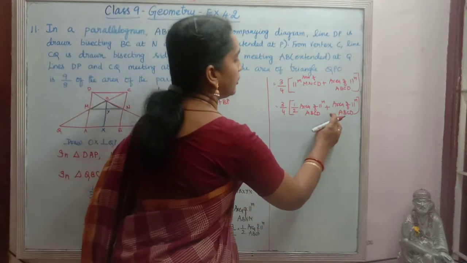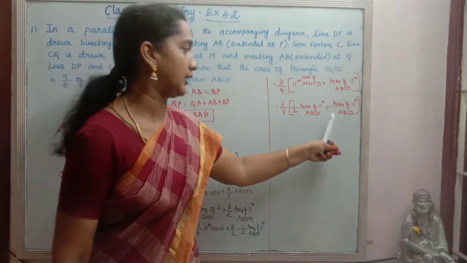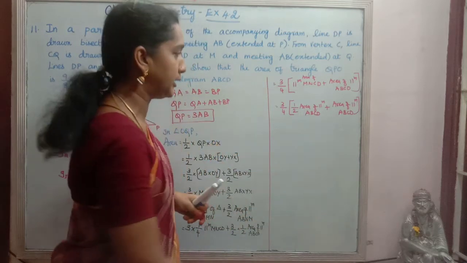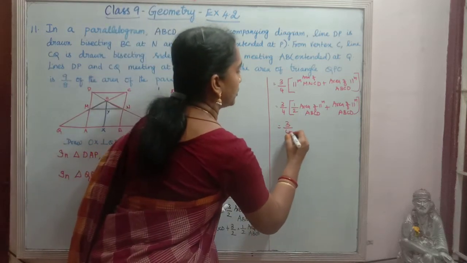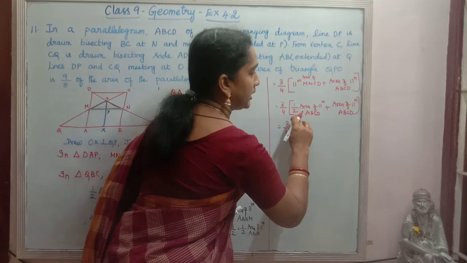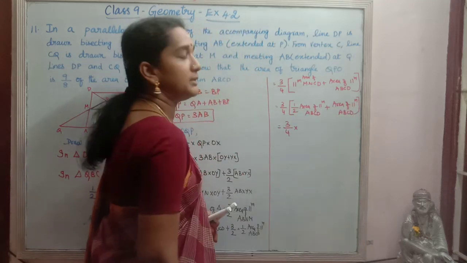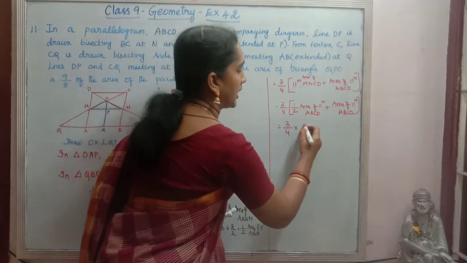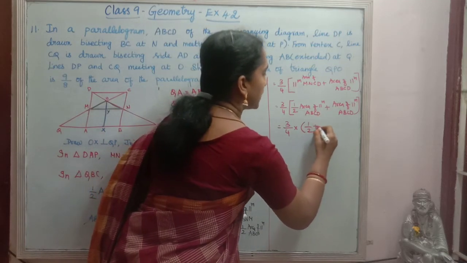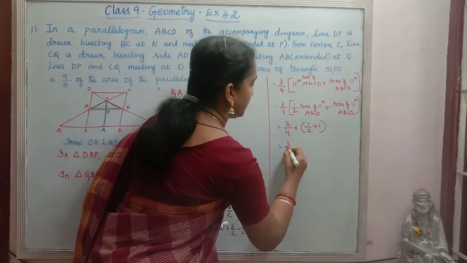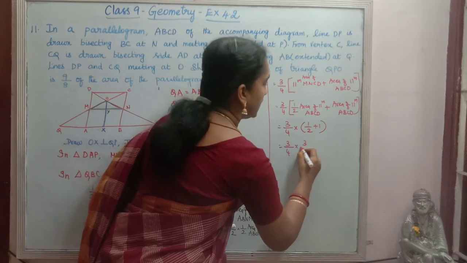Half plus 1 gives 3 by 2. So this is 3 by 4 into 3 by 2 of the area of parallelogram ABCD.